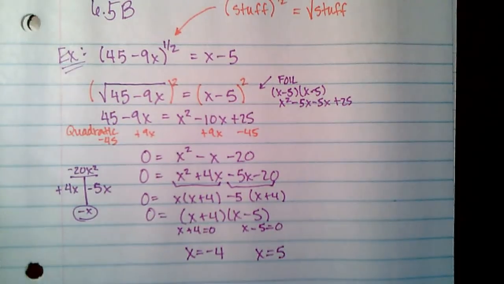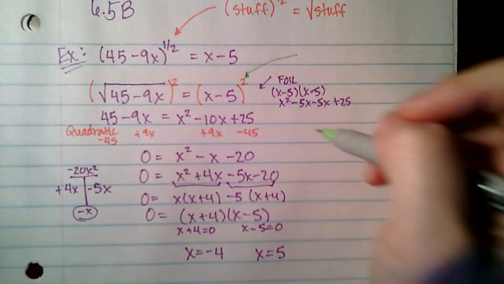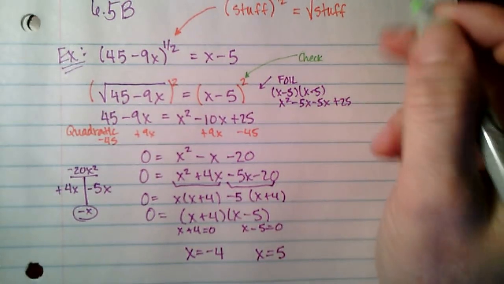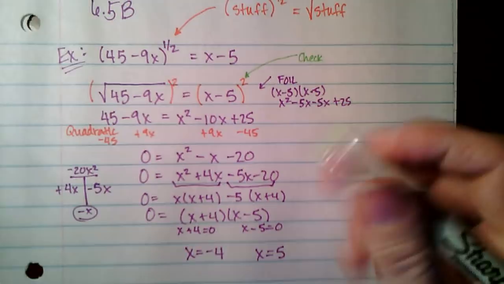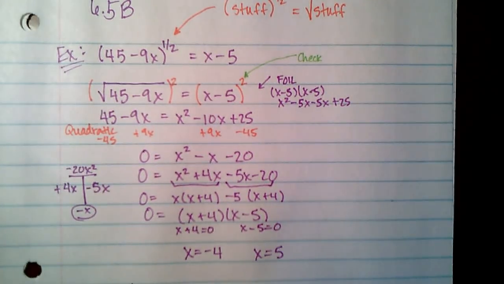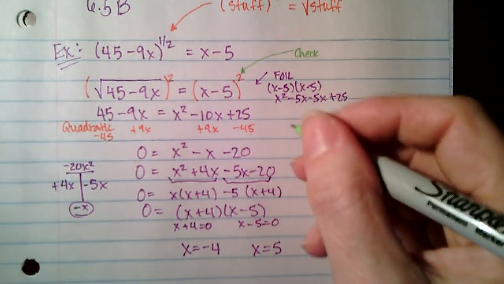Then I need to know, do I have to check my answers? Well, how do I know if I have to check? I look up here. Since I raised that to the even power, I have to check. So I'm actually going to have to check both of these answers. If I check x equals negative 4, that means I'm going to substitute that back into the original equation.